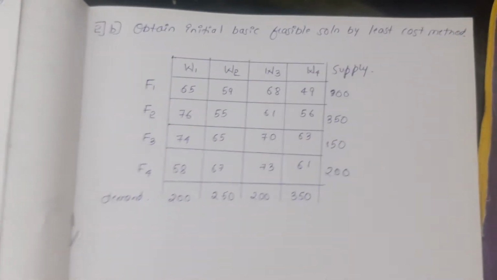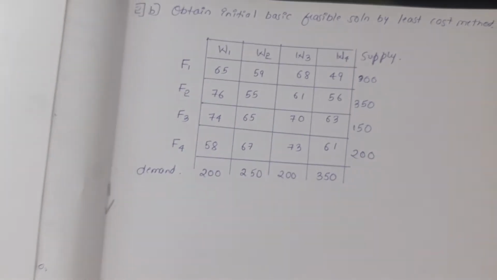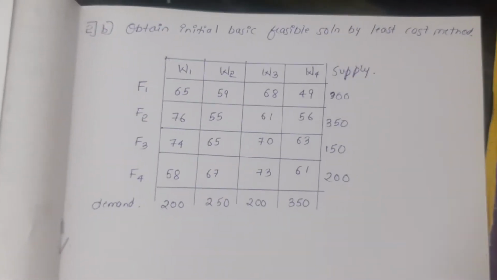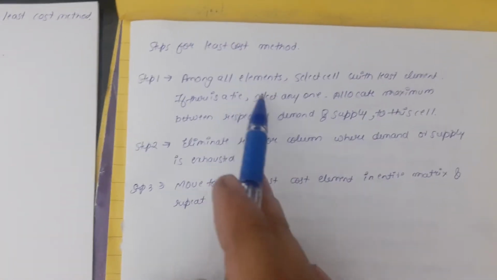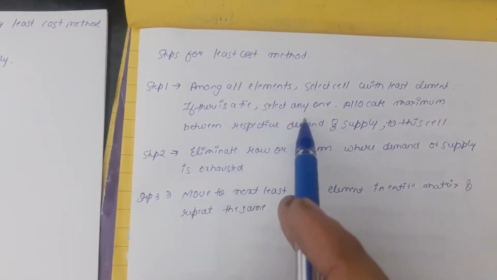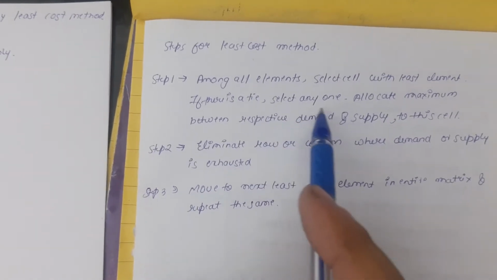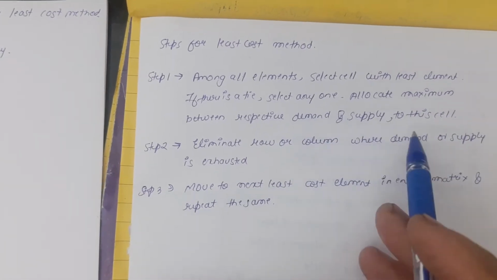Hello friends, we have a problem here wherein we need to find the solution by least cost method. So before solving the problem, let us go through the steps. In step 1, amongst all the elements, select the cell with least element. If there is a tie, select anyone. For example, if we have two similar numbers, then we select anyone among them and we allocate the maximum between the respective demand and supply to that particular cell.